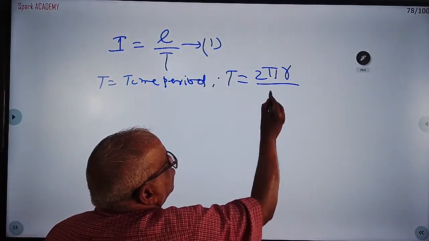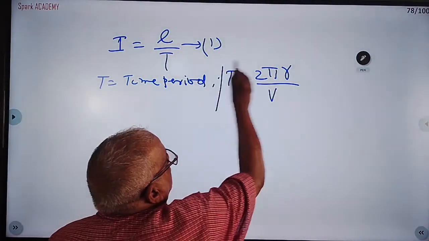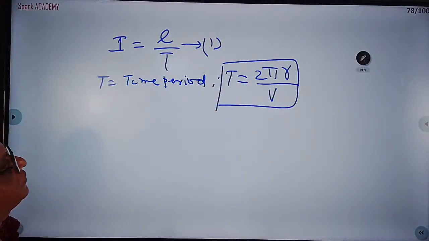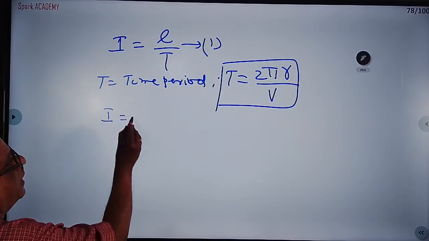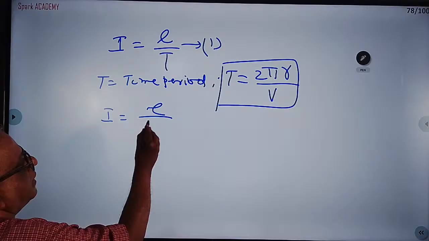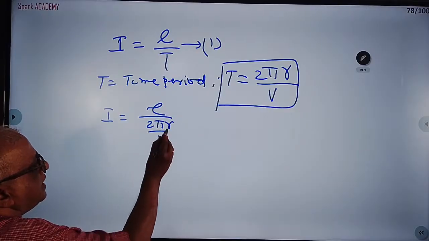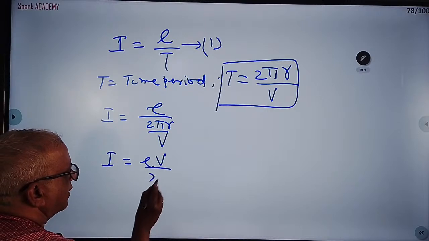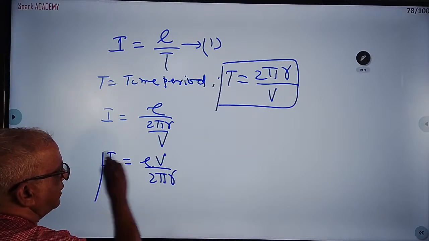It covers a distance 2 pi r with a speed v, so time is given by 2 pi r by v. Then the current equation: charge by 2 pi r by v, so I get I = ev by 2 pi r.